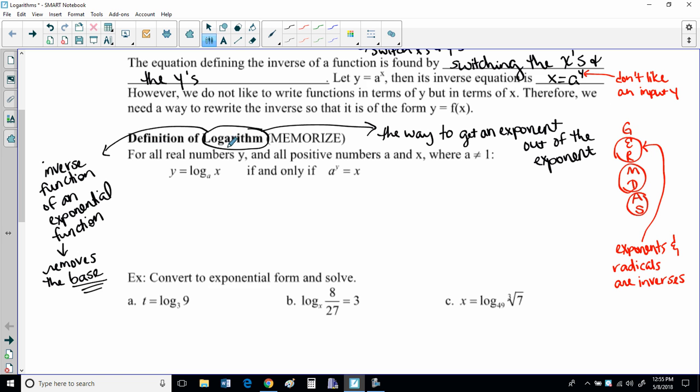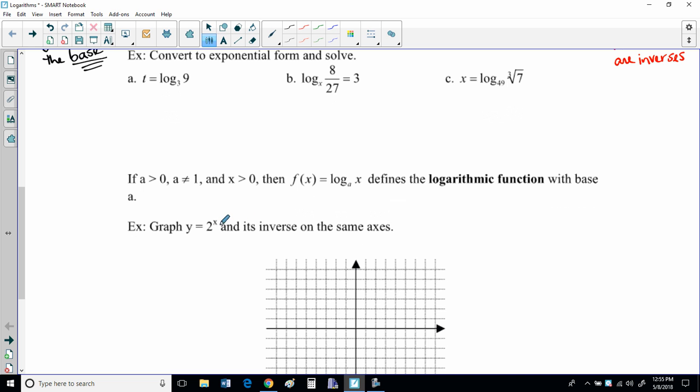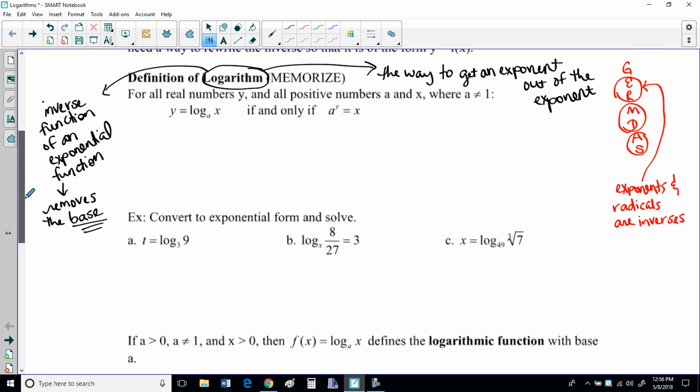What do I use a logarithm for? To get rid of a base. So that's not even in our GERMDOS. It's like to break into an exponent, to hack into the exponent. Like here, if I wanted to get to this exponent and I wanted to get rid of the base 2, then I would use a logarithm to break into that exponent. Okay?